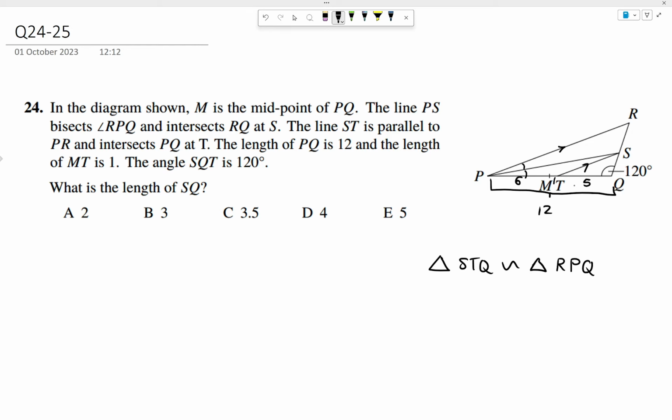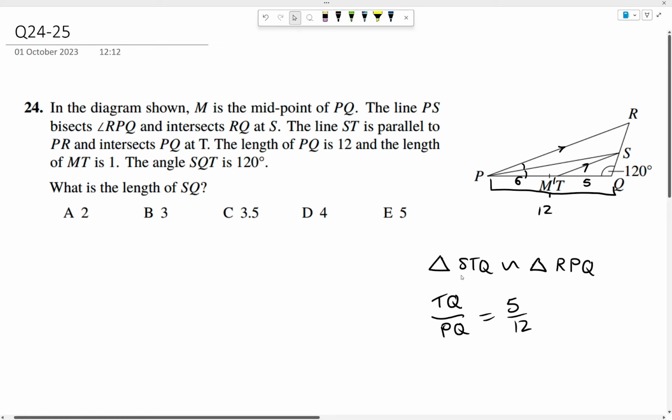And that means all the interior angles should be equal to each other. And because of the similarity, we can find the scale factor which maps them to each other. So the scale factor is the length of TQ all over the length of PQ, which is 5/12. So the scale factor to go from triangle RPQ to STQ is 5/12.